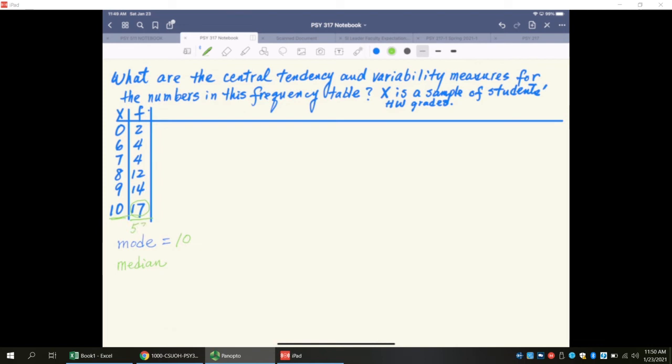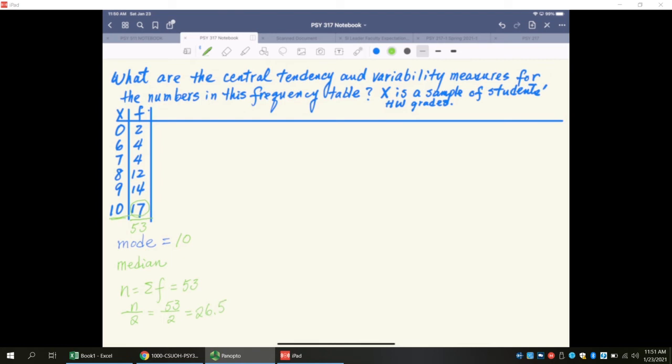N is the summation of frequency, and when you add all the numbers up, the sample size is 53. The midpoint location is N divided by 2, and 53 divided by 2 is 26.5, which is not a whole number.